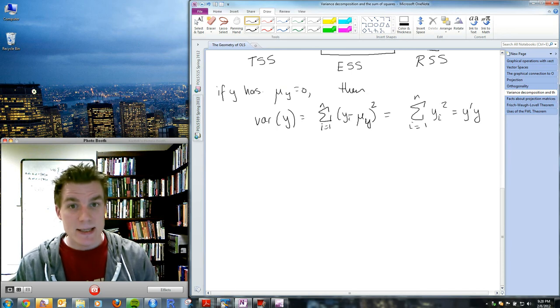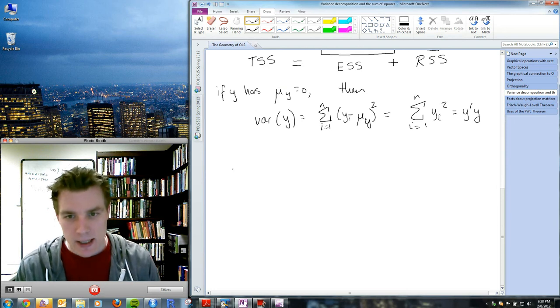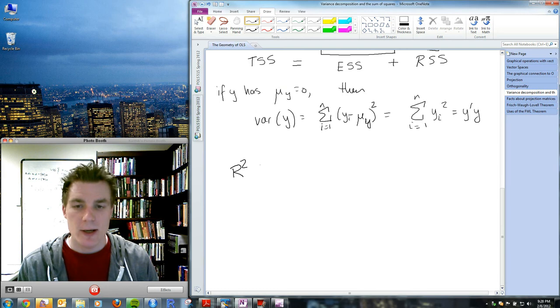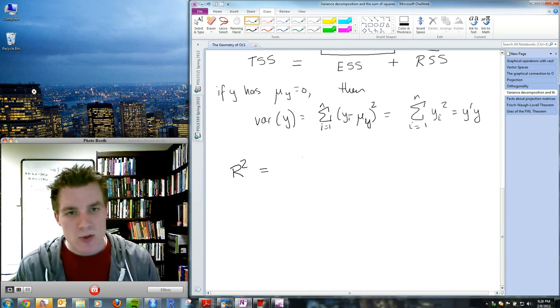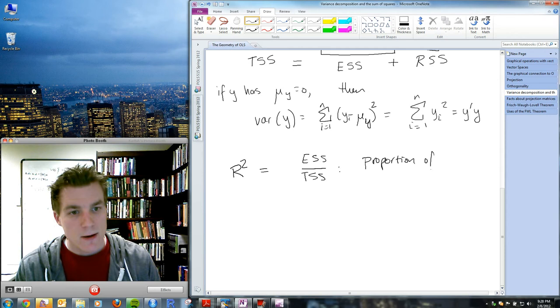This identity, TSS equals ESS plus RSS, is often summarized in the R-squared statistic, which you've probably heard about in your previous classes. R squared is the explained sum of squares divided by the total sum of squares, or colloquially, the proportion of variation in a dependent variable y that is explained by x.